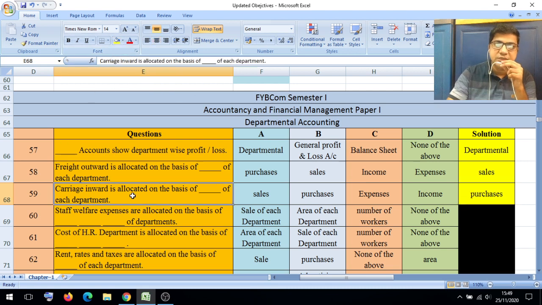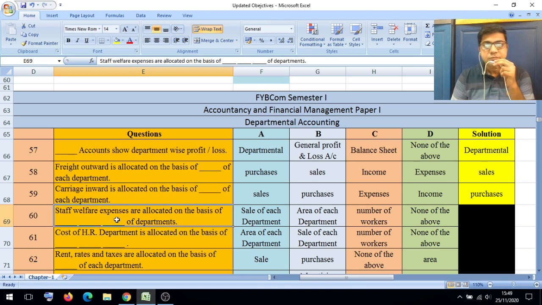Whenever we purchase the raw material, it is carried to the factory. It is called carriage inward. Inward means they carry the goods and raw material into the factory, into the company, and therefore it is an expense related to purchases, and it is divided on the basis of purchases of each department.